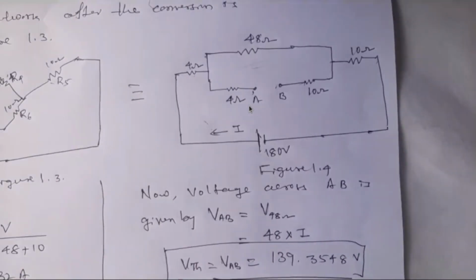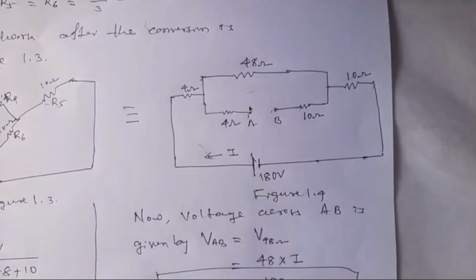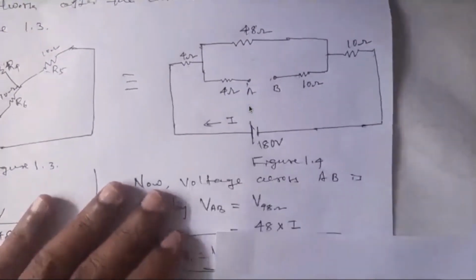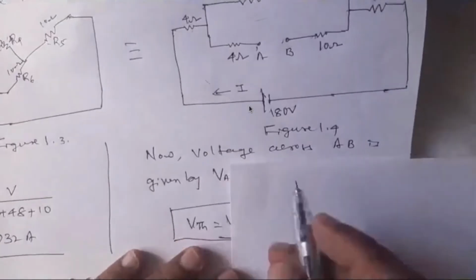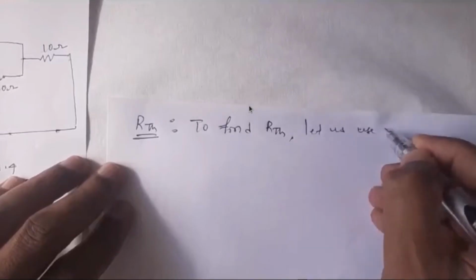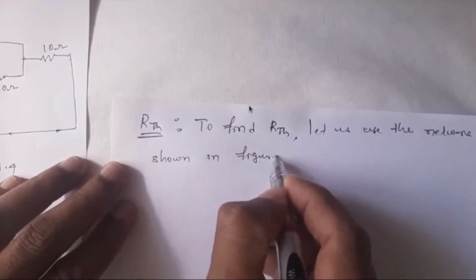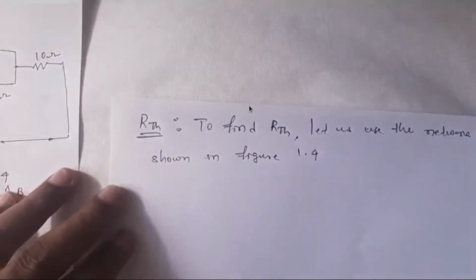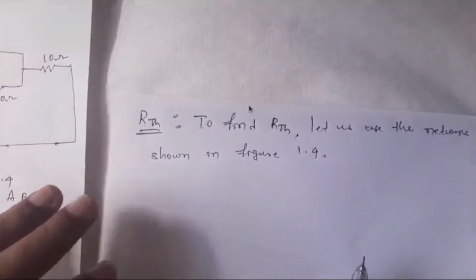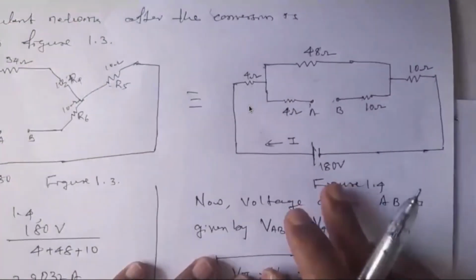And to find RTH, if at all you want to find RTH, here itself you can find. I'll show you that also, because you are supposed to find IL, the current through 10 ohm resistor. So to find RTH, I'll consider this network only. To find RTH, let us use the network shown in figure 1.4. To find RTH, we are supposed to make all the sources 0.